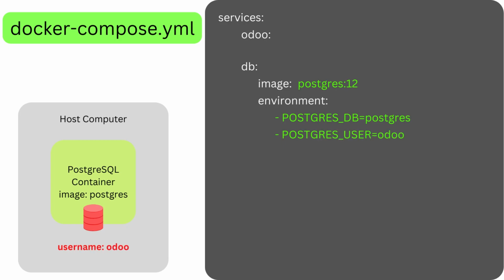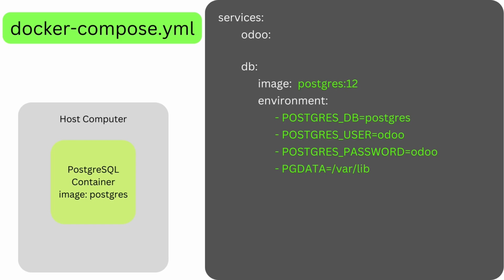The POSTGRES_USER variable is used to define the default username to access the database. The POSTGRES_PASSWORD variable is used to define the default password to access the database. The PGDATA variable is used to define the folder path for PostgreSQL to store the data to. It is related to the volume definition on the service.